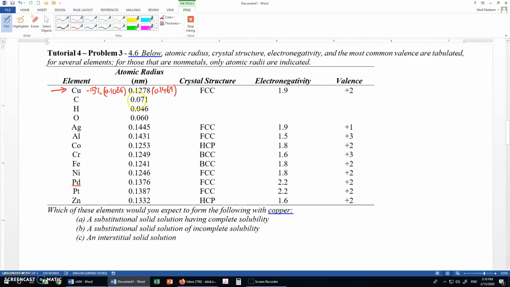If any of these radius values for these elements are outside of this range, that will not qualify.